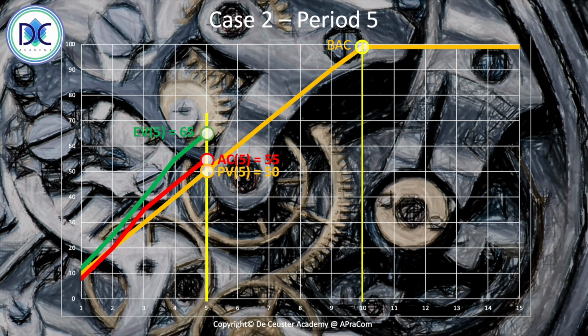But one of the things that we can do using earned value is already see here that we may have a budget issue, so we can take measures. We can go to the different stakeholders and try to resolve the problem.